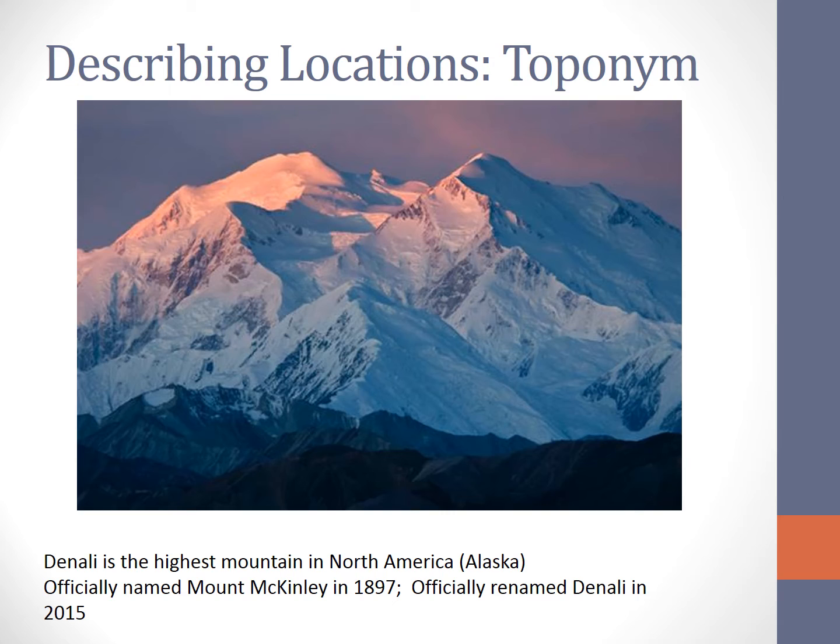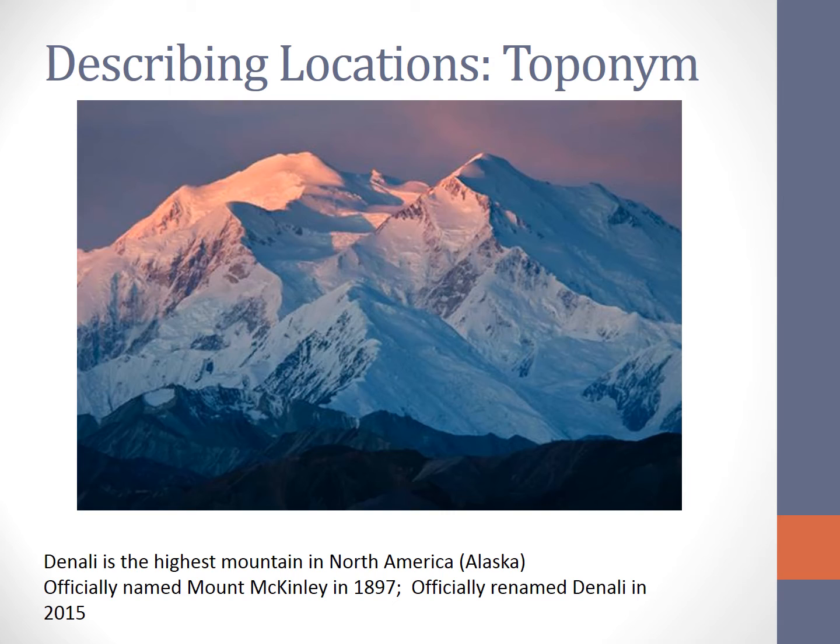For example, just last year, after decades of lobbying by the people of Alaska, the name Denali was given back to the highest mountain in North America. It was officially restored by the Board of Geographical Names, which is a national organization. In the late 19th century, Denali was renamed Mount McKinley after President McKinley.